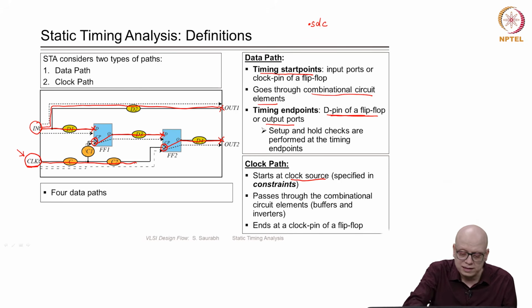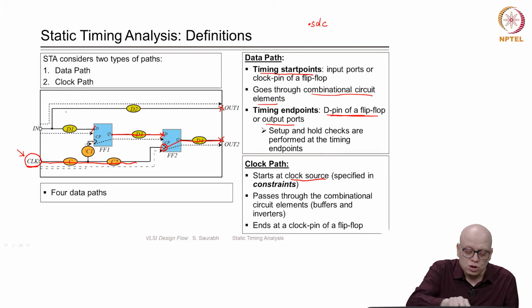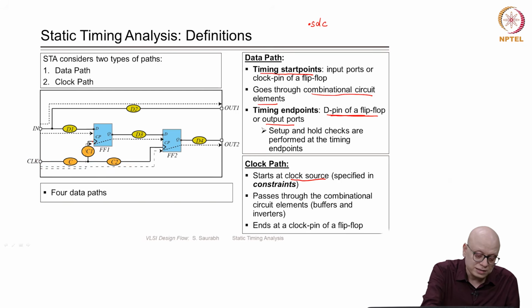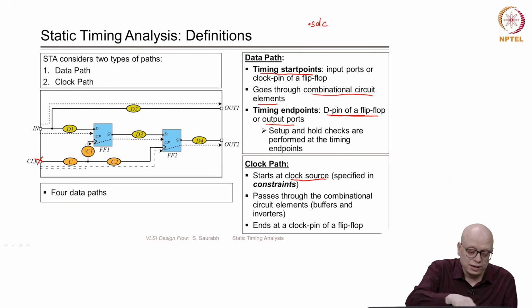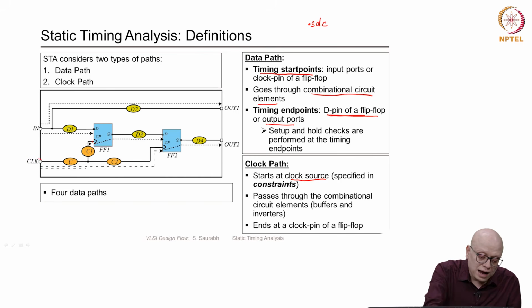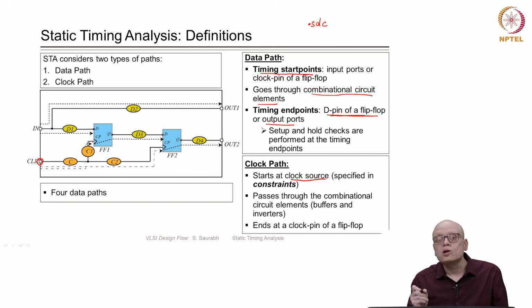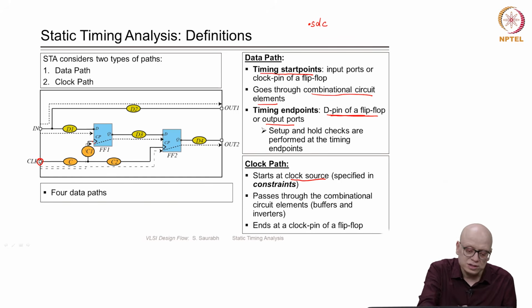So, the start point of the clock path is the clock source as specified in the SDC file, this point, and the end points are the clock pins of the flip flops. So, this is the end point and this is the end point.